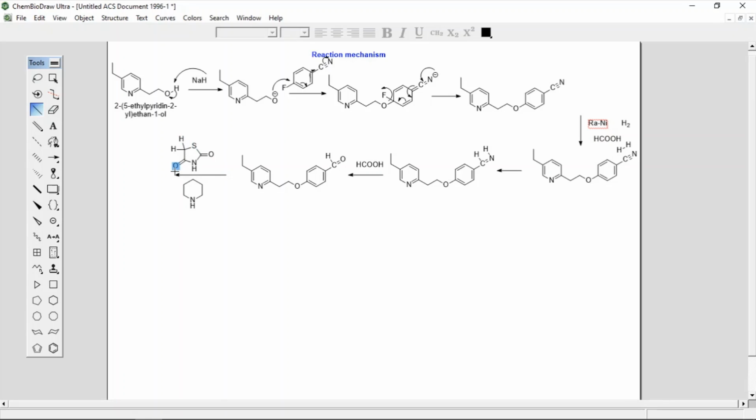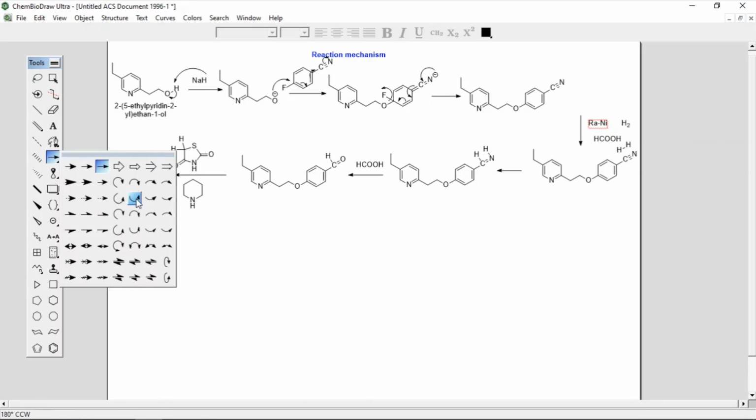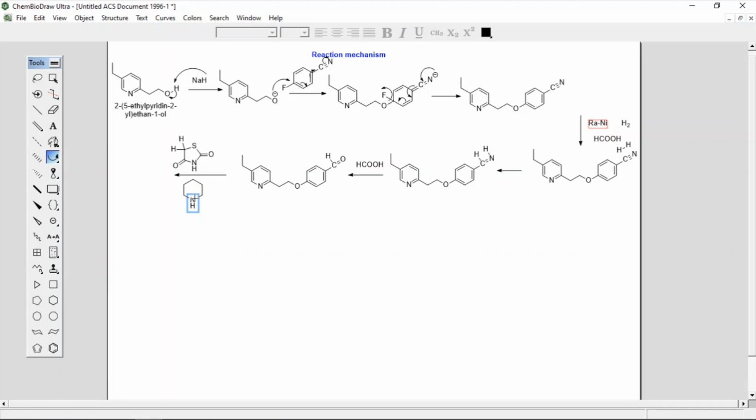So these both are electron withdrawing groups, and that's why the hydrogen becomes acidic. And the role of this piperidine is that it acts as a base and takes this hydrogen and generates a carbanion.